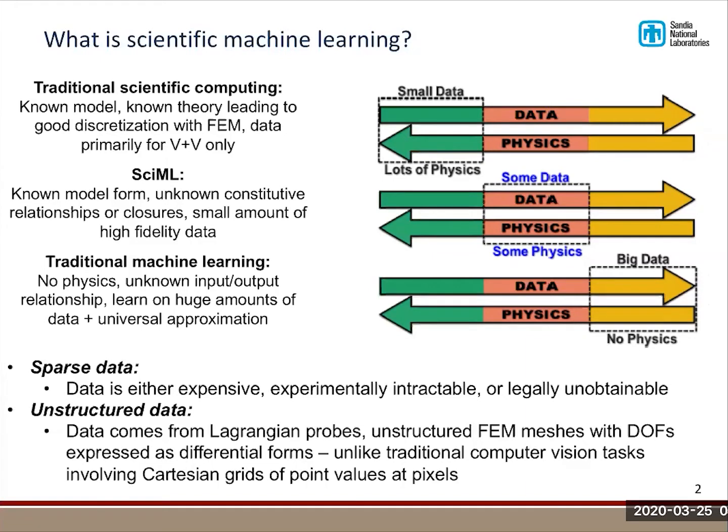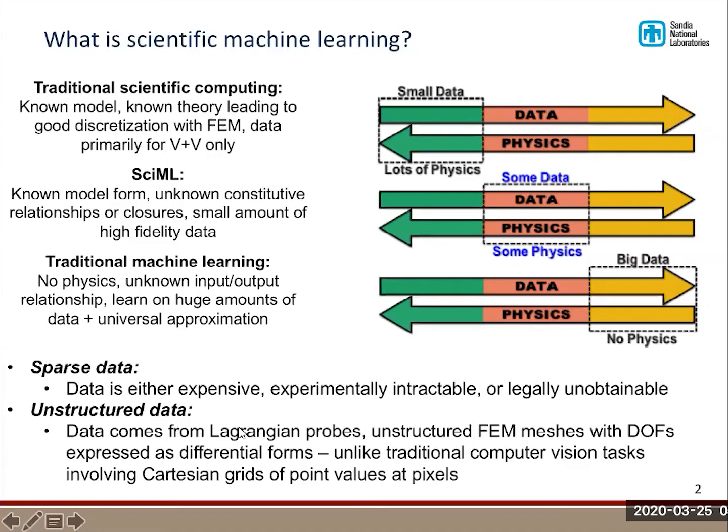You just have some black box that generates data. We're lying somewhere in between, where you have some known model form. For example, you might know it's a conservation law, but you have an unknown constitutive relationship, and you might only have a small amount of high fidelity data in order to figure out what that constitutive relationship or closure is.